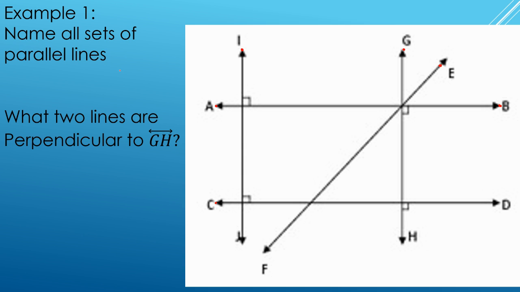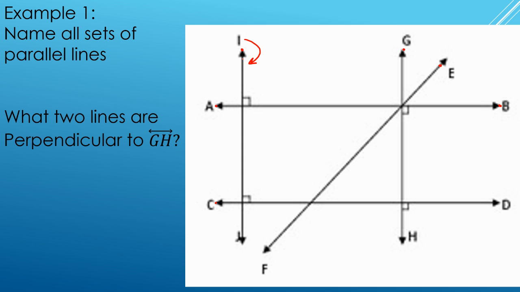Okay, hopefully you've taken a moment to identify the different sets of parallel lines, but we do need to talk about how to name them. We would not call this point or this line here line I. We always need 2 points to name a line.